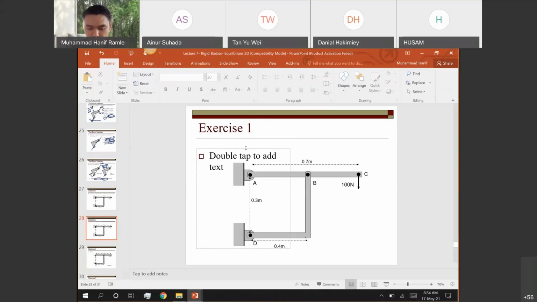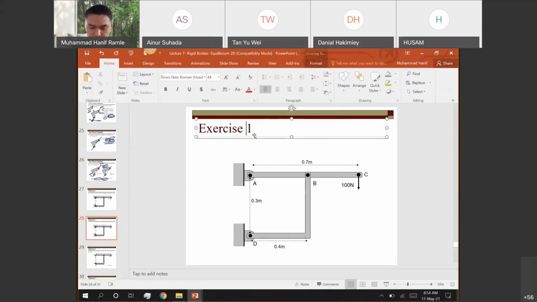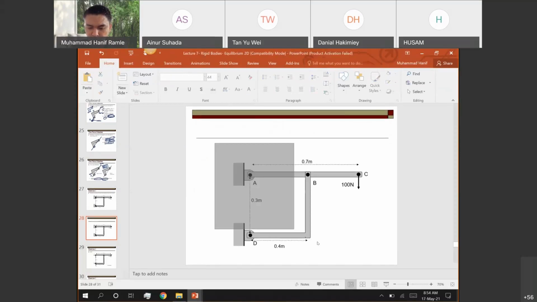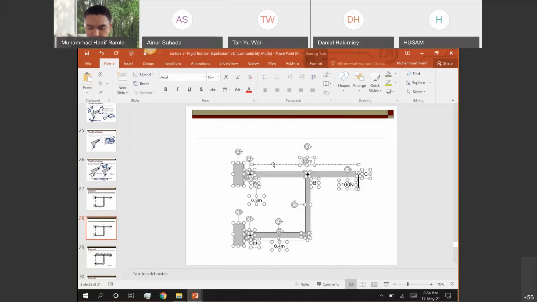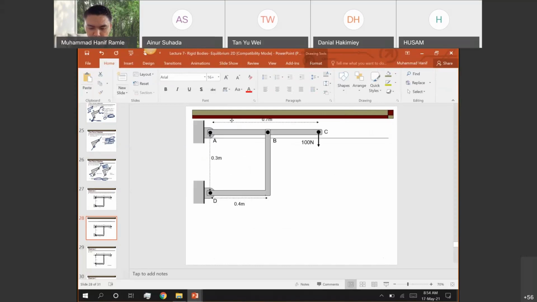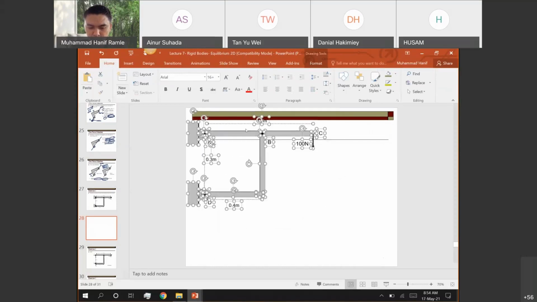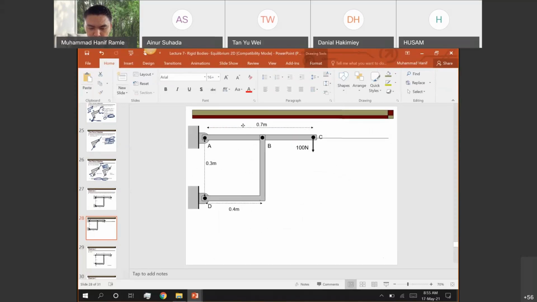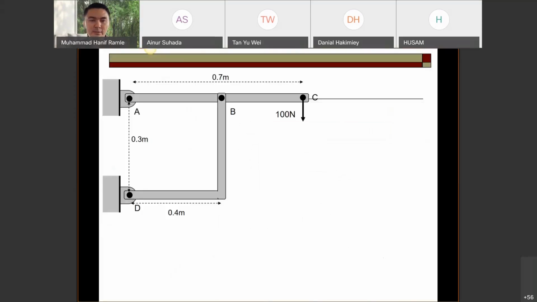Why all? The basic thing that normally I do, I have to identify the rigid body that is useful for the calculation. Let's say the student just now said that we have to draw BD. So I can see that in BD, there is no known value.